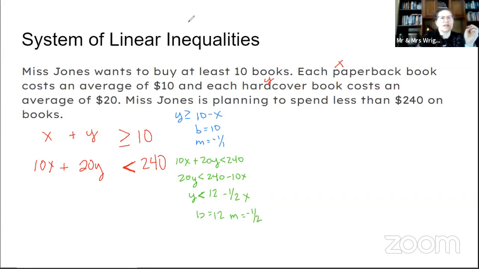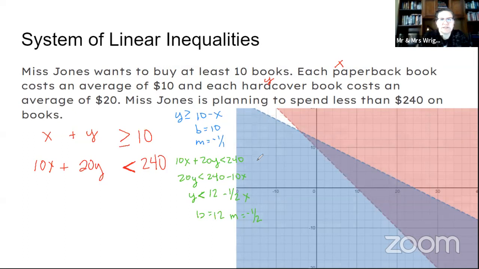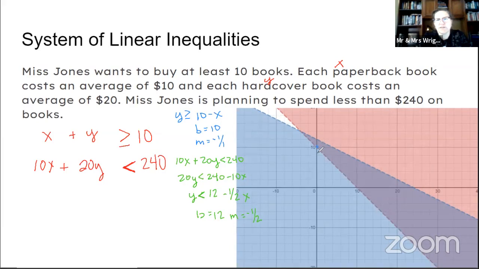All right, so let's look at the graphs of these inequalities. So here we have the graphs, and again, for whatever reason, when I created these, it did not put in any solid lines. So I know that this first one here is going to be a solid line. Y is greater than or equal to 10 minus X. This is B is 10, and my slope is -1 over 1.